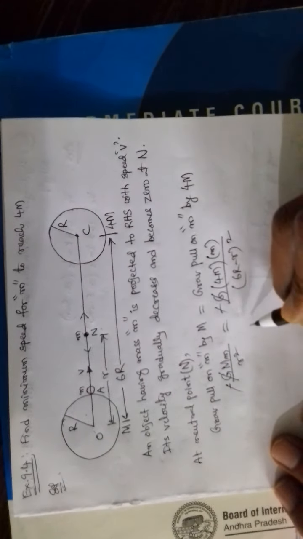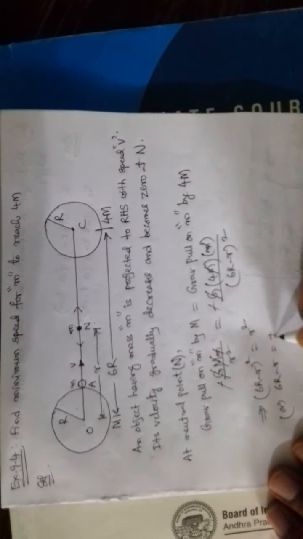Capital G, capital M, small m. Now in the numerator nothing is left, so this is equal to this. 6r minus r whole square is equal to r square, or 6r minus r is equal to plus r minus r.